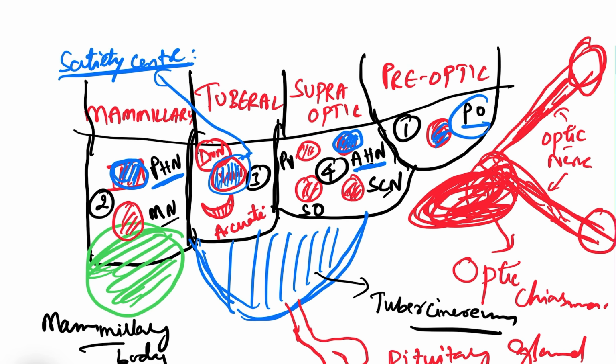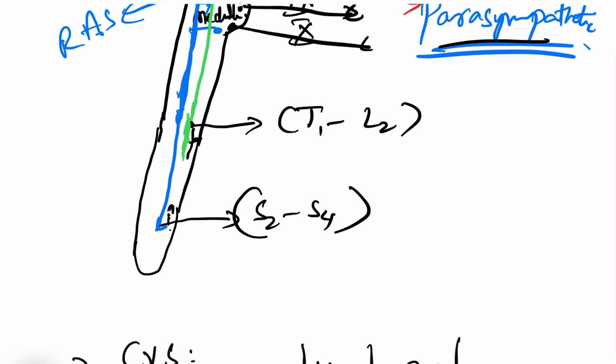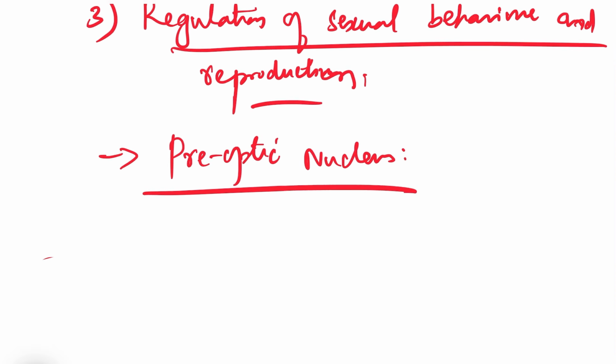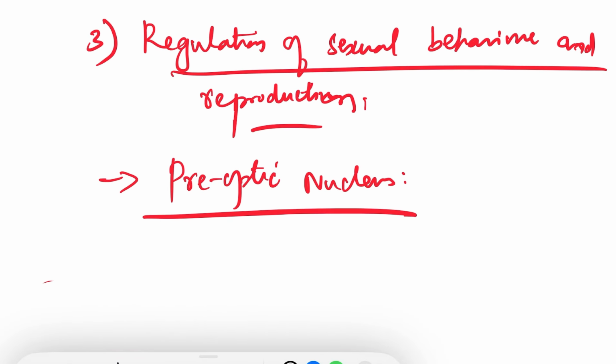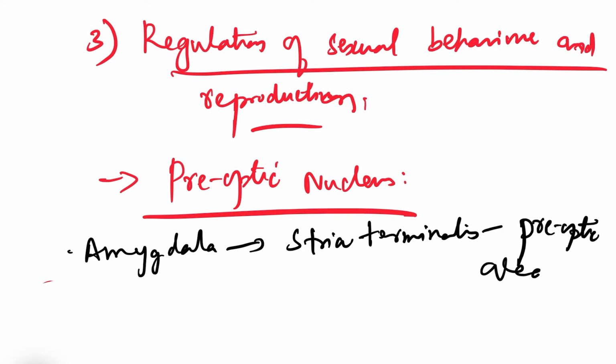Even this arcuate nucleus in the tuberal region, how they will control is there is a pathway of sex regulation which is identified as from the amygdala, that is from the limbic system, amygdala, via stria terminalis, then the preoptic area, this preoptic nucleus, then to the tuberal region of the hypothalamus, where we have the arcuate nucleus.